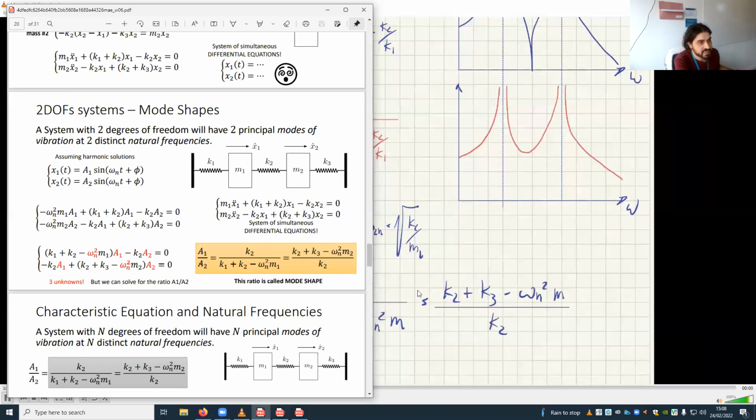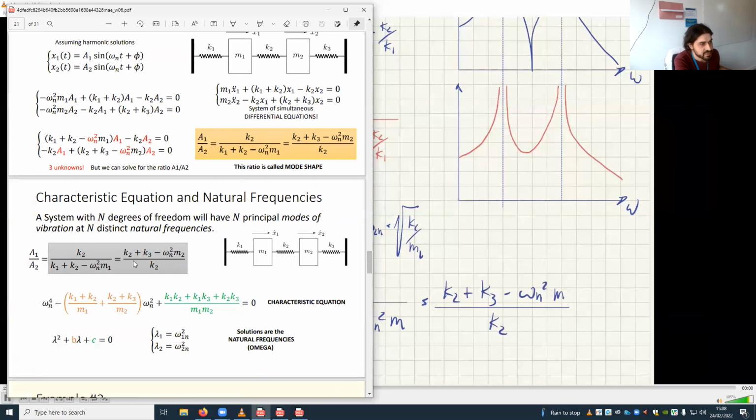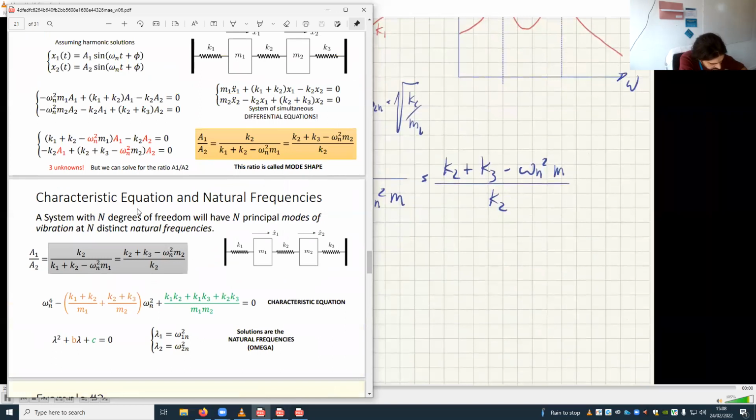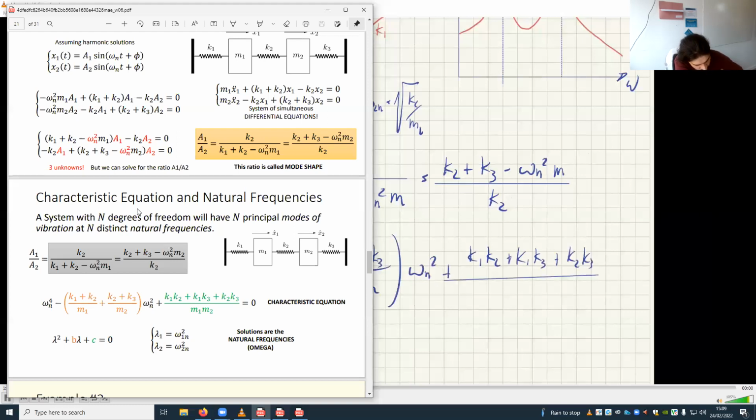And the last equation probably is the characteristic equation, that is this beast here. That would be omega n to the power of 4 minus (K1 plus K2 over m1 plus K2 plus K3 over m2) omega n squared plus ultra beast (K1 K3 plus K2 K3 ...) divided by m1 m2 equals 0. Okay, that's all you need.